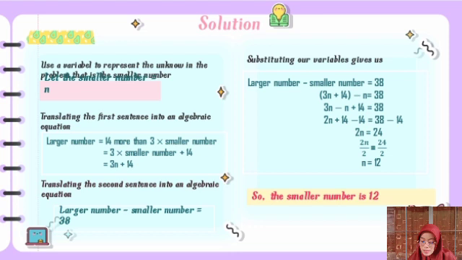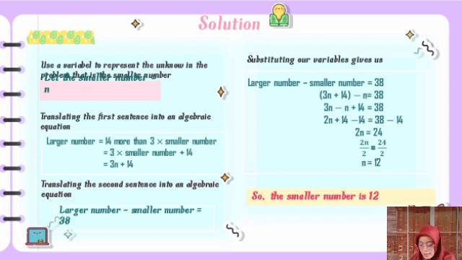So 3 times the smaller number plus 14. So we will get the larger number is 3n plus 14.